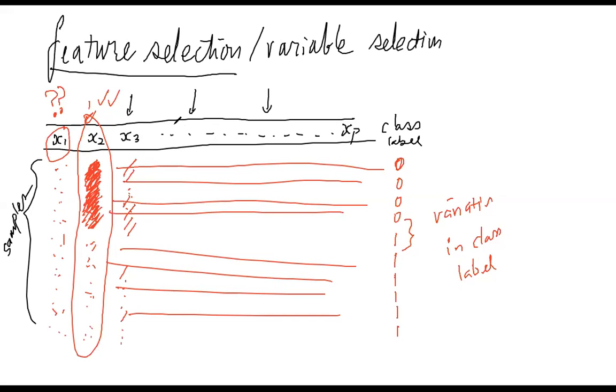The hope is that if you can find enough of these variables where there is at least some kind of association between the values in that variable and the class label, it may be enough for you to make a distinction between the class labels. Okay, so that's the idea.